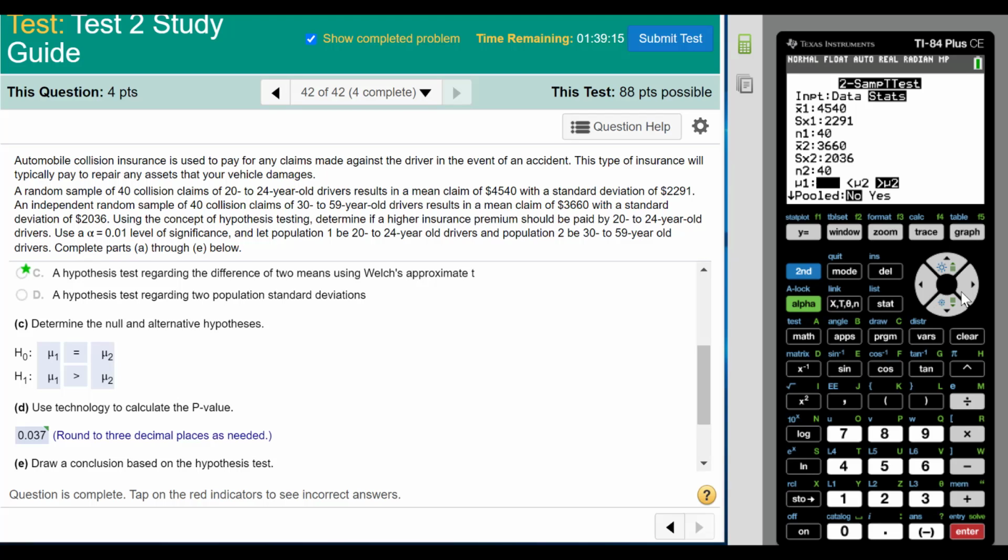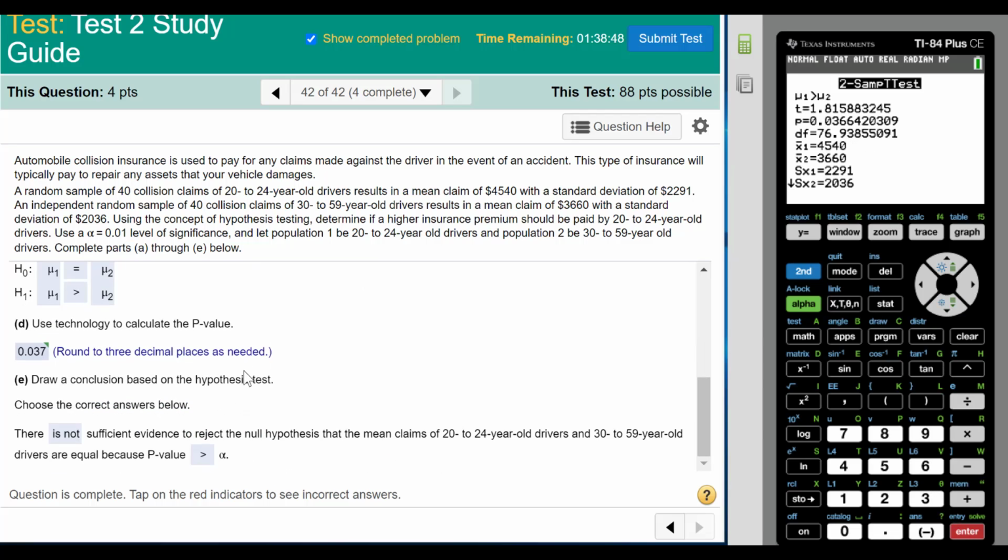And we need to test that mu1 is greater than mu2. Oops, sorry, I'll go back. Pooled is no by default, and hit calculate.